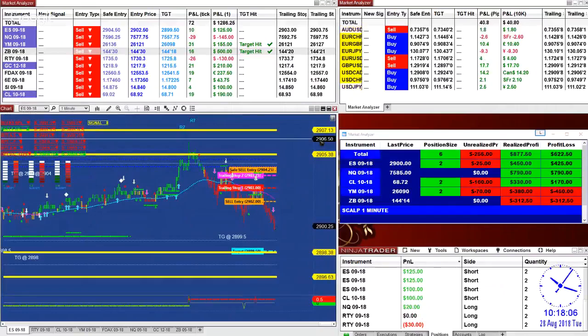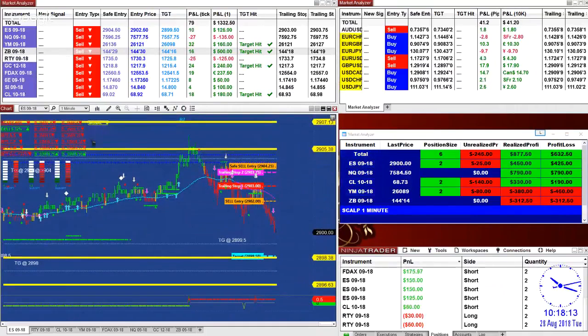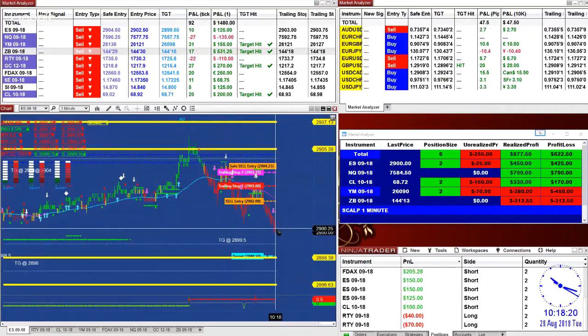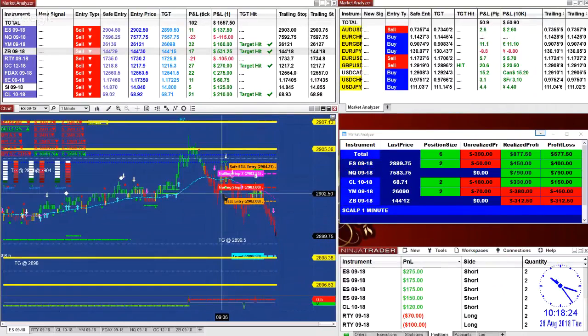I don't like the entry on the ES, and I don't like it because right now we have a chop, and don't look at this bar right now. The ES has been trying to go down for over half an hour and it finally fell.